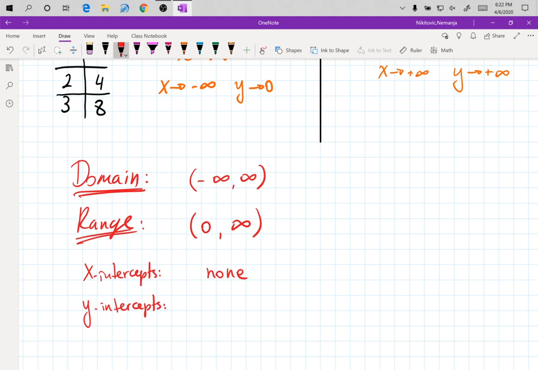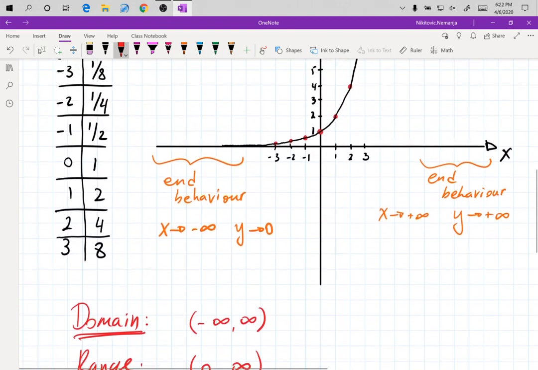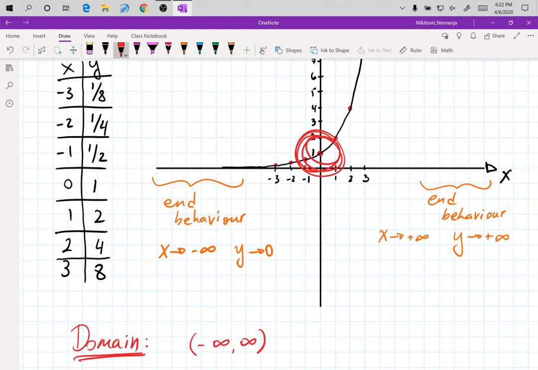For y-intercepts, in the original case, we're going to have it at 0, 1. And you can see that y-intercept right here, right? That's the y-intercept where the graph cuts through the y-axis.